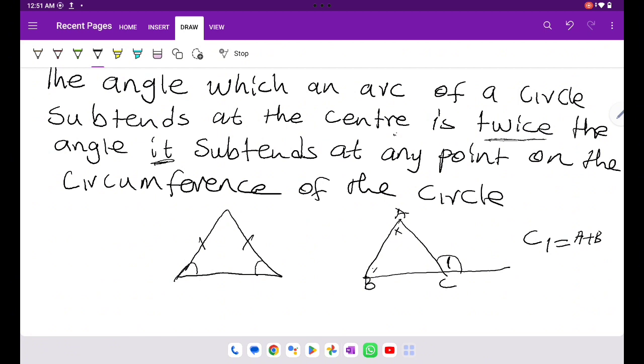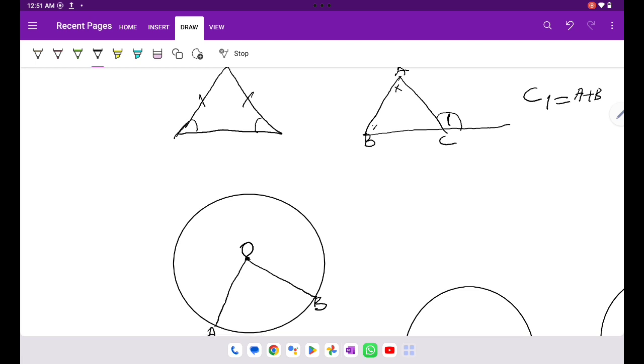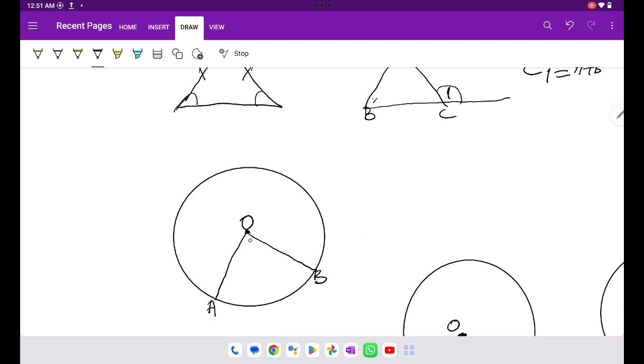So the same arc that is carrying the angle at the center must carry another angle at any point on the circumference. So let's say it carries an angle there, and we call the other angle C.